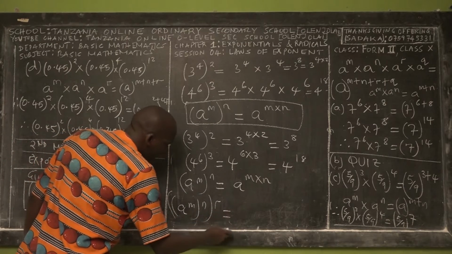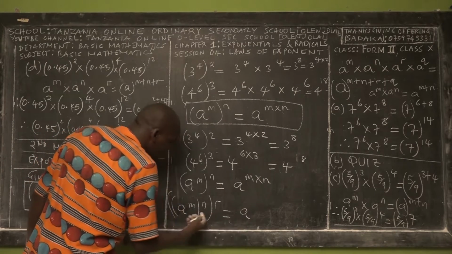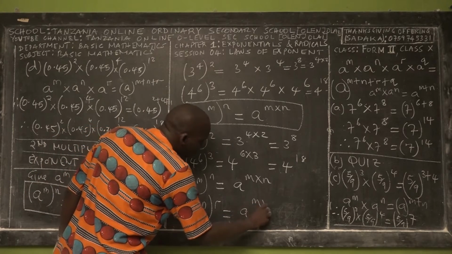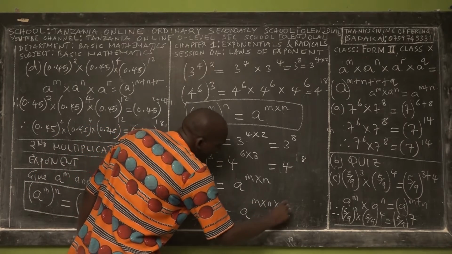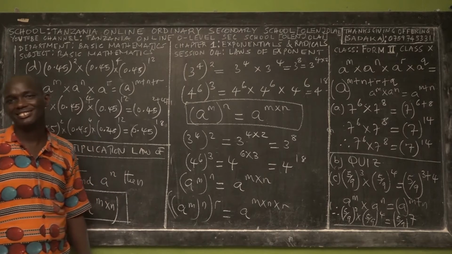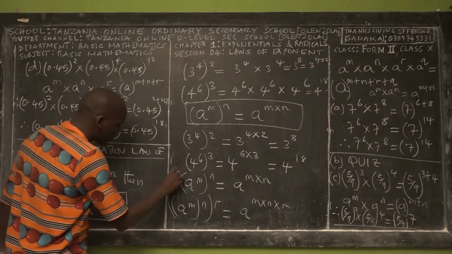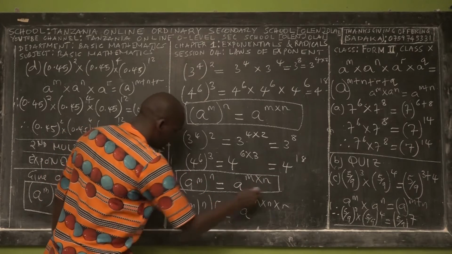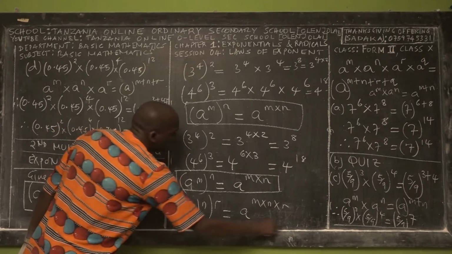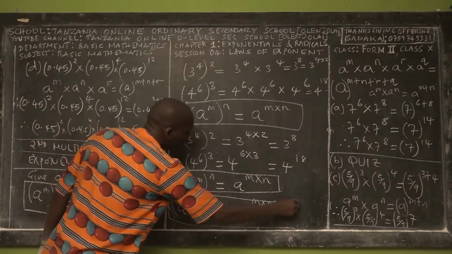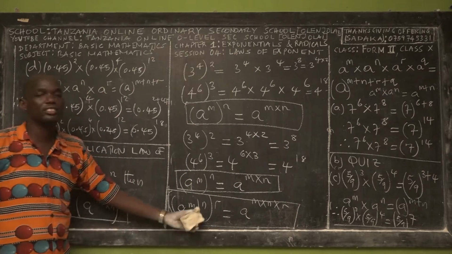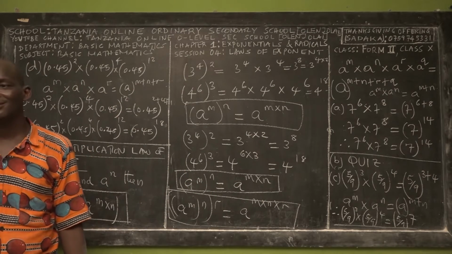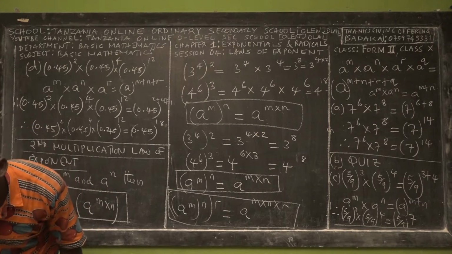For this case, you just take a power m times n times r. So nothing difficult. Whether you find a question with 2 exponents like this, or 3 exponents like this, don't worry. Just apply the same laws and keep the answers, and then you are waiting for your marks. Are we together?